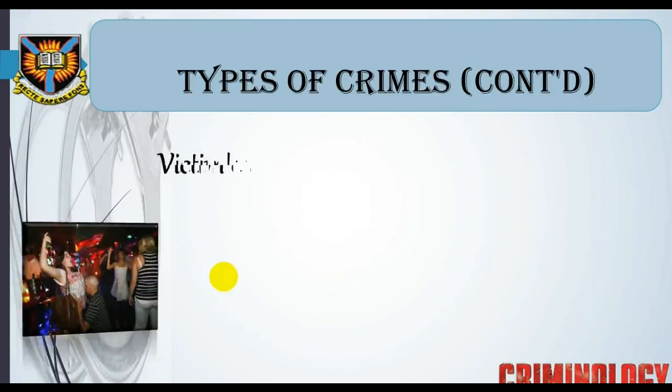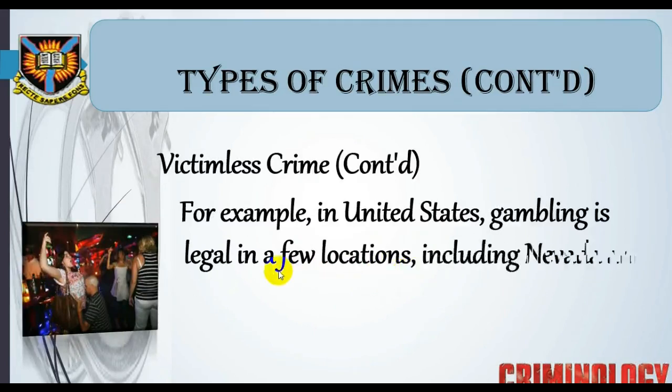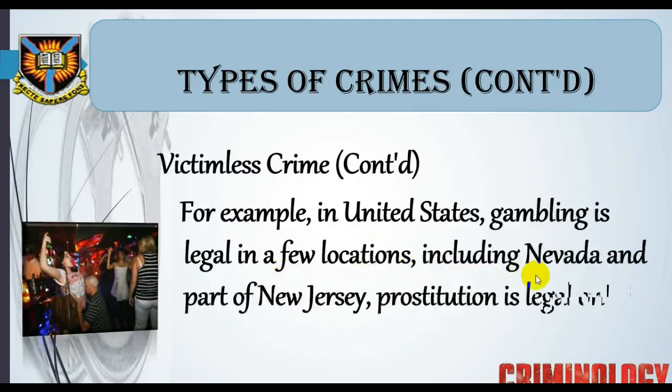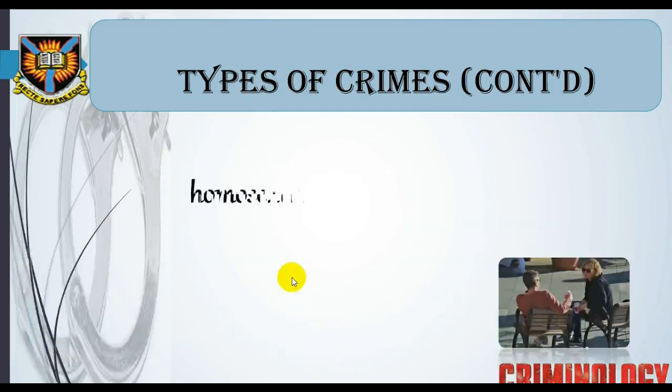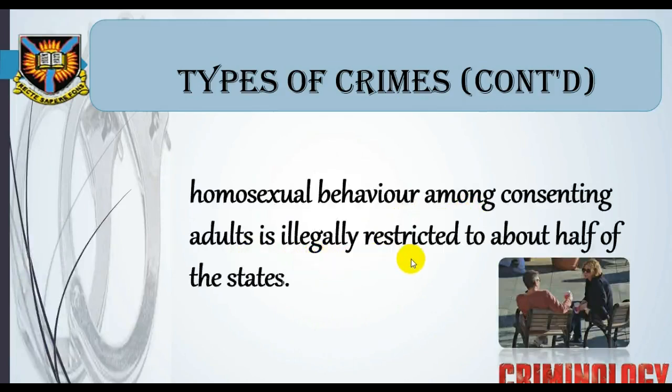For example, in the United States, gambling is legal in a few locations, including Nevada and part of New Jersey. Prostitution is legal only in part of Nevada. Homosexual behavior among consenting adults is illegally restricted in about half of the states.